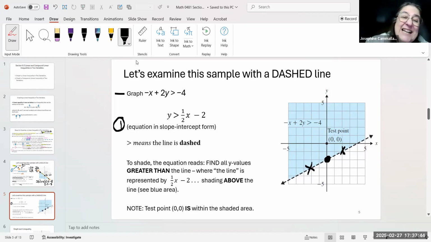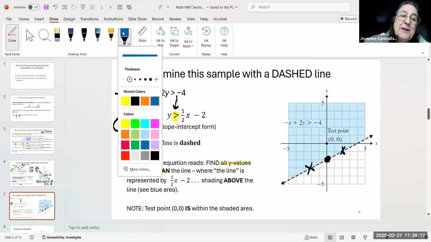And notice right here, this symbol does not have a line under it, so that means I have a dashed line. Now, it's time to read. Where am I going to shade? Well, it says find all y values greater than, because that's what that symbol says.